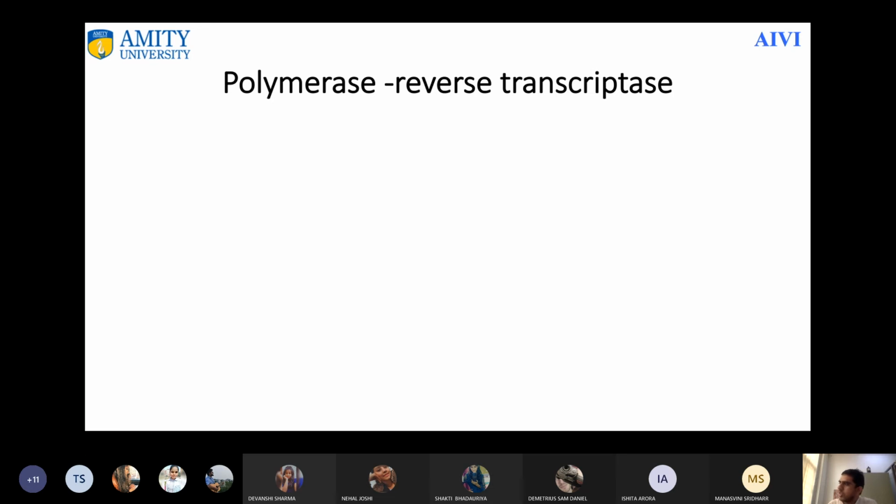DNA is also transcribed in the form of RNA. RNA is translated into proteins. But here we are talking about a reverse thing: RNA is not translated into protein, but is copied into DNA. That job is called reverse transcription.